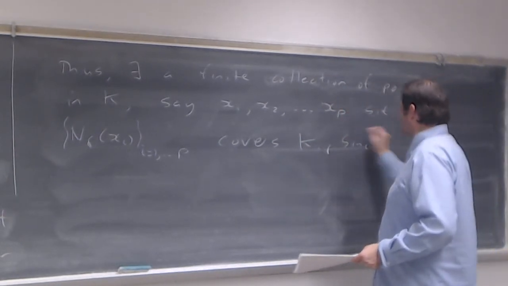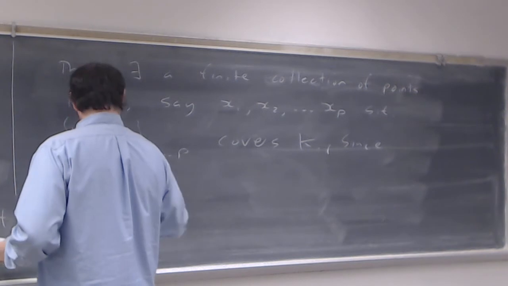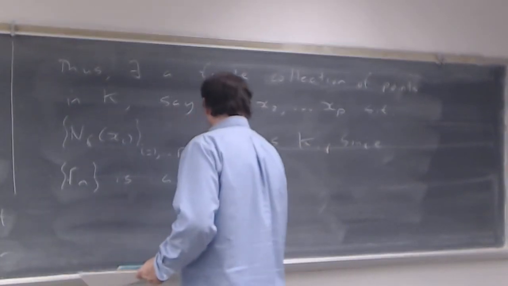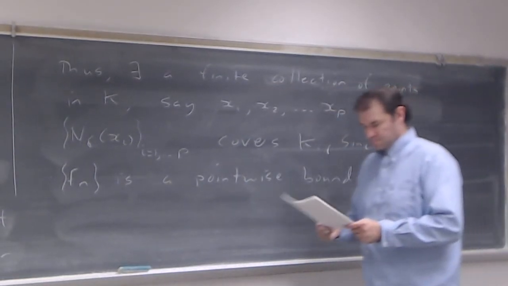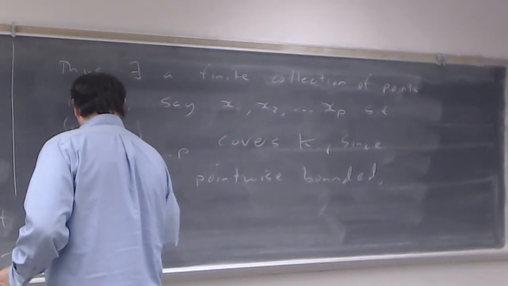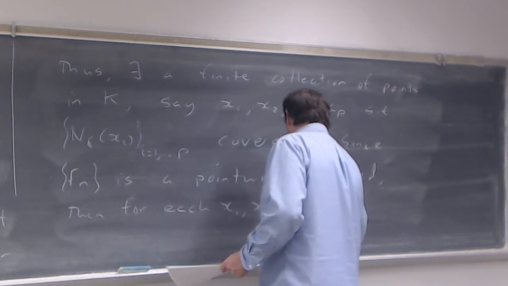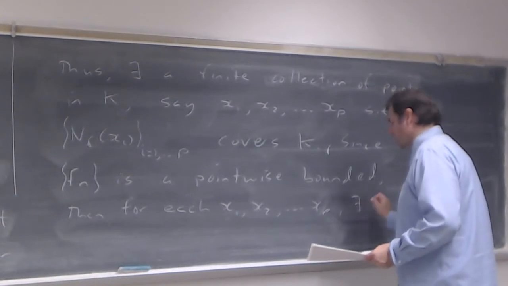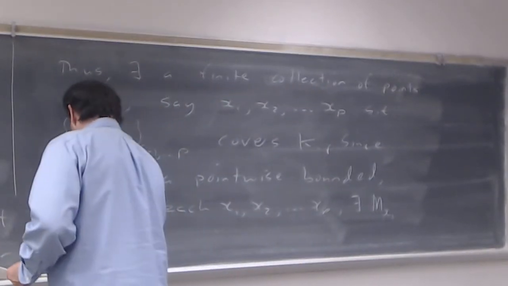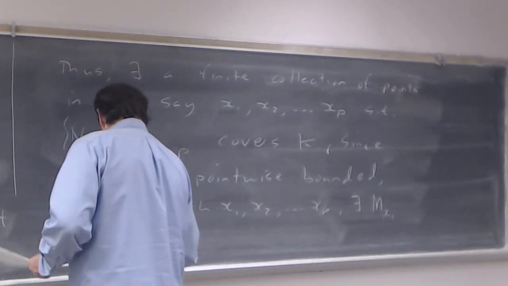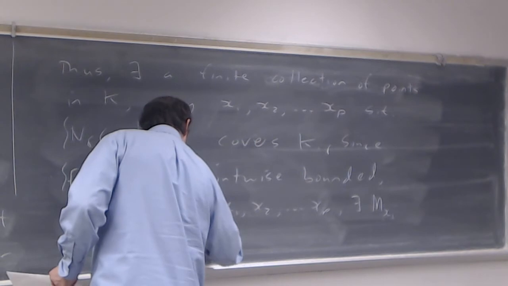Now, since f sub n is a collection of pointwise bounded functions, then for each x sub 1, x sub 2, all the way up to x sub p, there exists an M sub x sub i, that's a number, such that the absolute value of f sub n of x sub i is less than or equal to M sub x sub i.